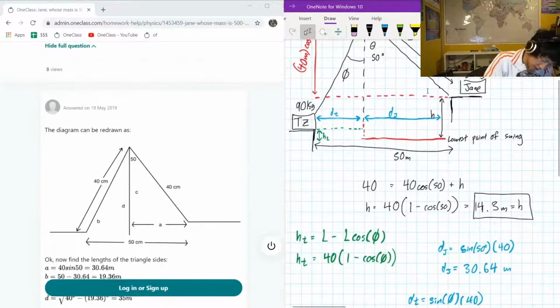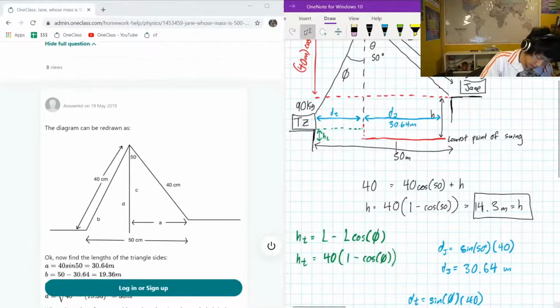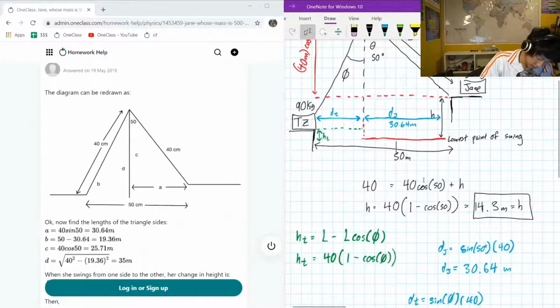So here we have 30.64 meters. dt is going to be 29.36 meters.